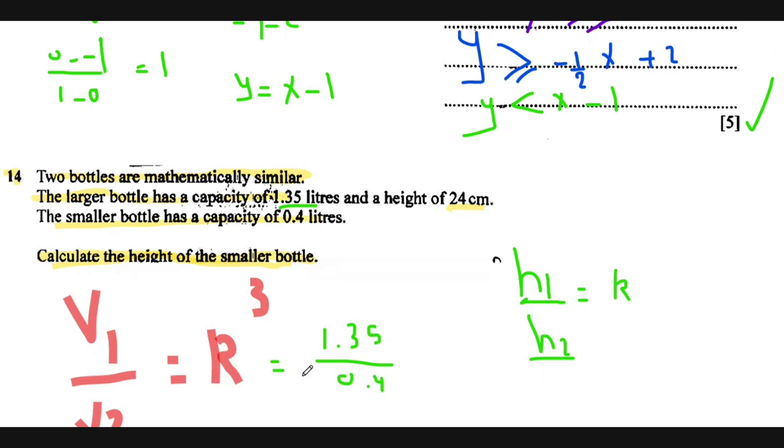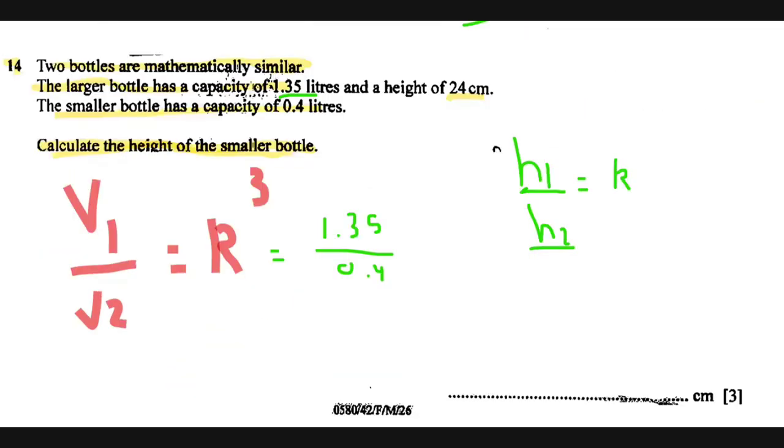So we can get the cubic root of it. k will be equal to the cubic root of 1.35 over 0.4. It's equal to 1.5. So we get it here and solve this.